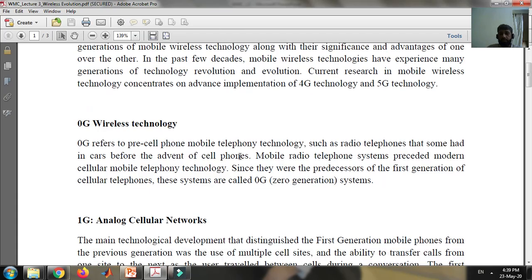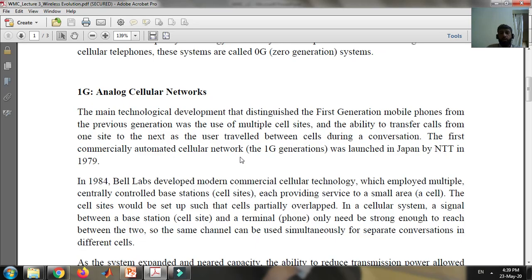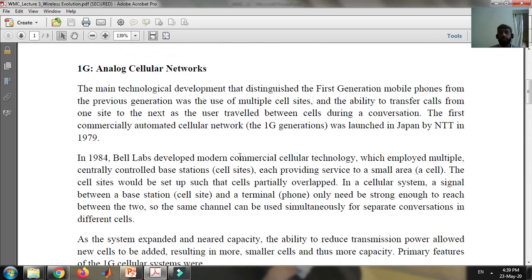other such services. The true evolution of wireless systems started from the concept of cellular network, which we generally call 1G communication, the first generation of wireless communication.